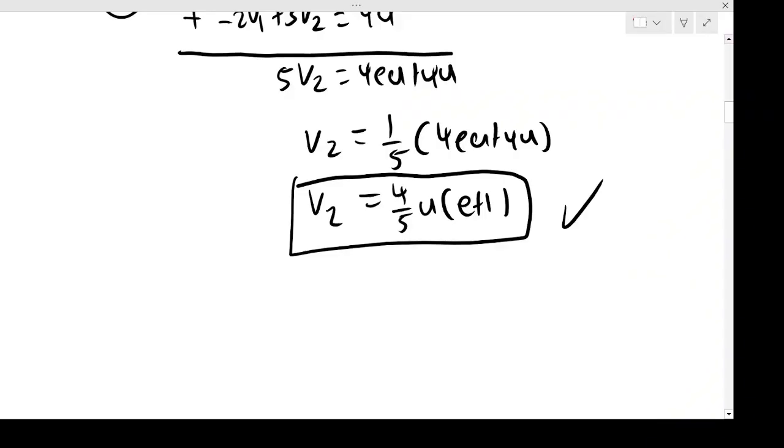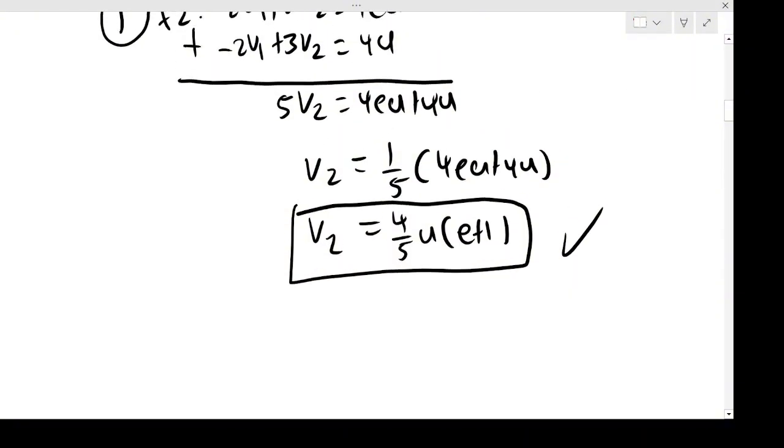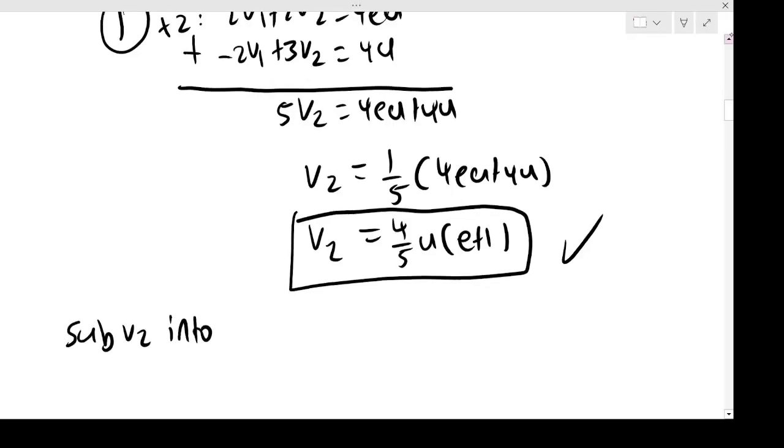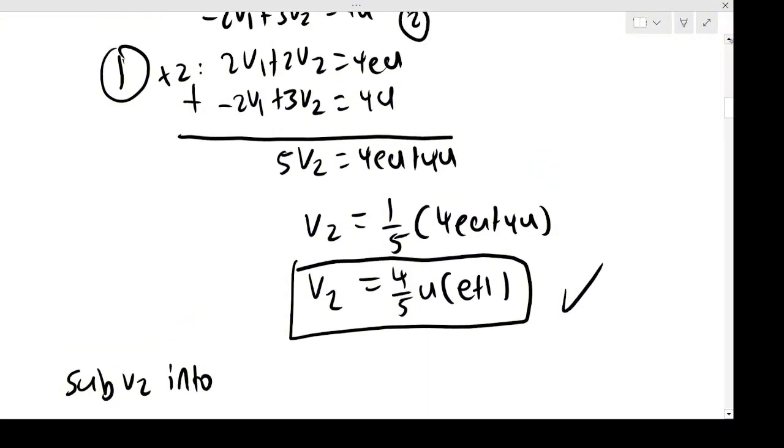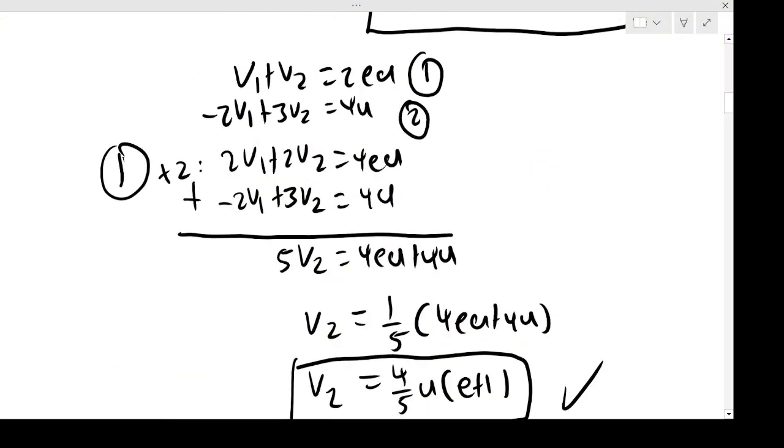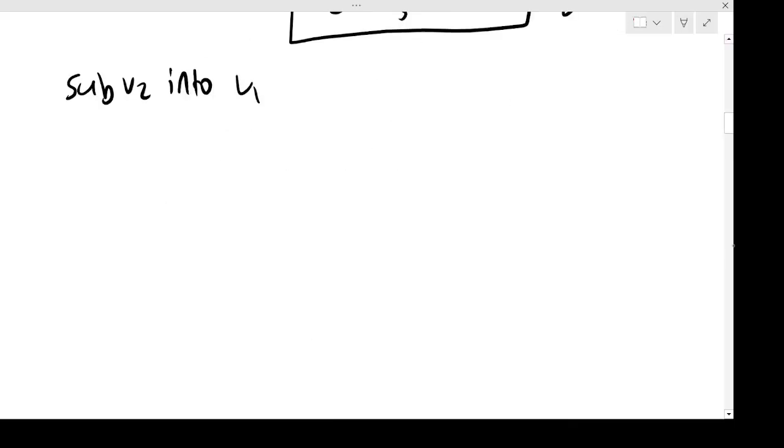Now, 99% of the time, you're going to also need V1, the corresponding speed, the other speed for P. So we're going to need to continue solving this for V1. So what we're going to do is sub V2 back into one of the equations. So let's say I substitute it into the first one up here. So V1 and V2 is 2EU.